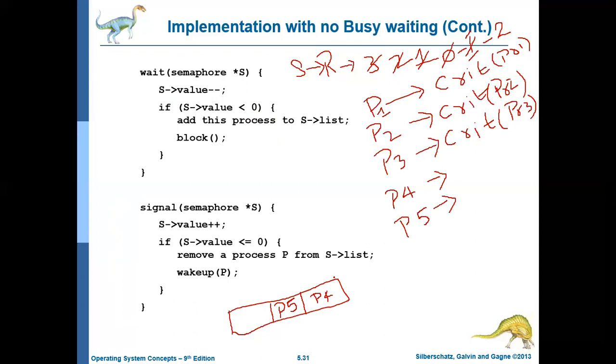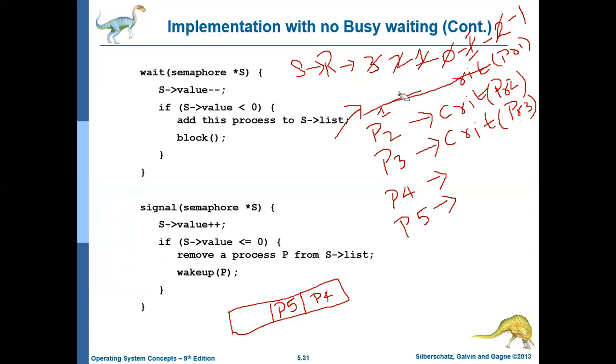Now say meanwhile P1 completed its task. So P1 will call signal. After calling signal, it will increment the value. So -2 will become -1. So P1 has finished the job.